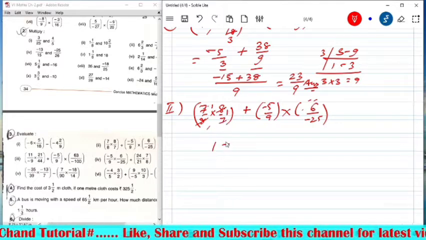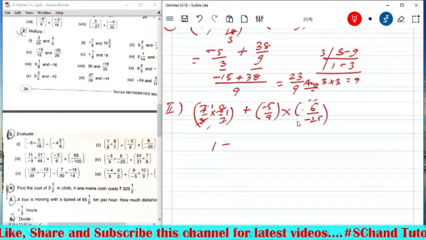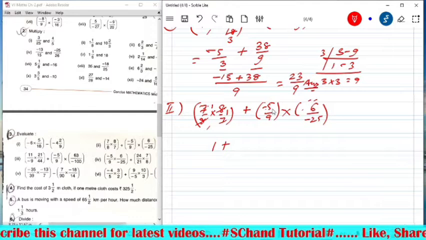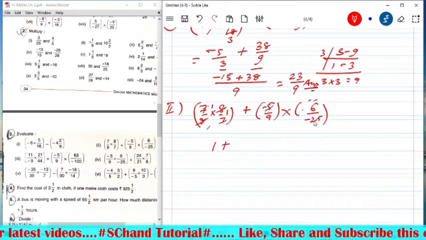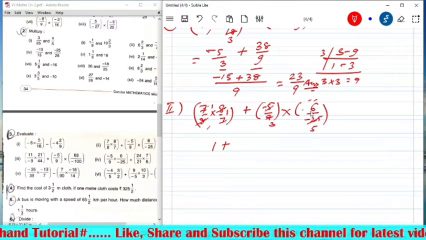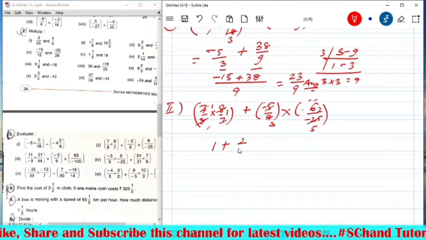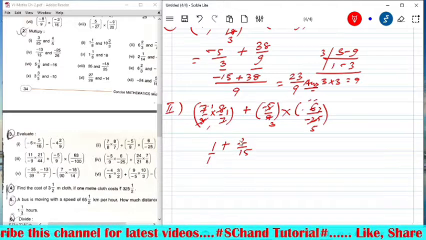Here we have 1 plus, into minus, this is minus into minus again plus, so here will come plus only. So this will be 5 1s are 5, 5 5s are 25, and this is 3 3s are 9, 2 3s are 6, so here will come 2 over 15, so here will come 1.